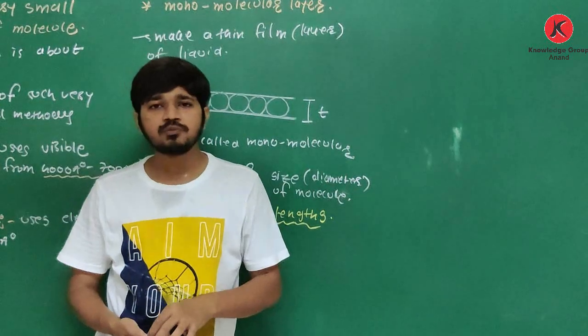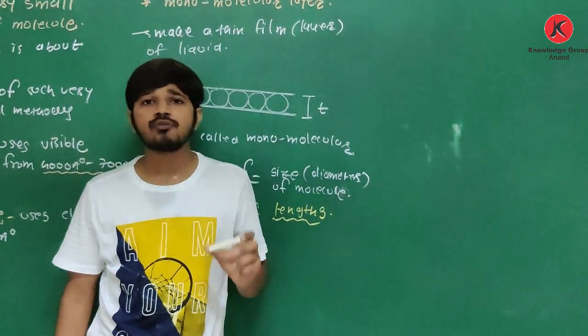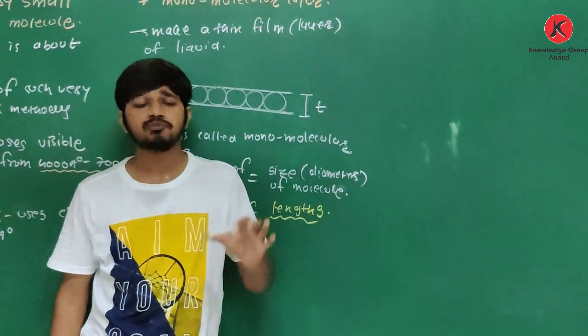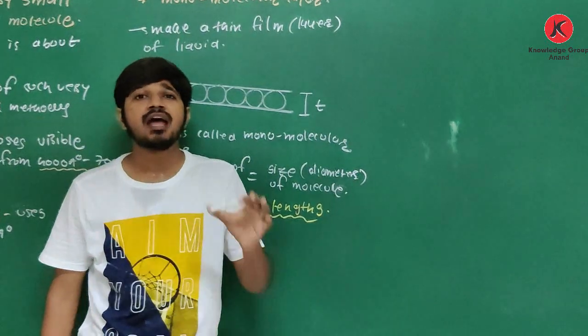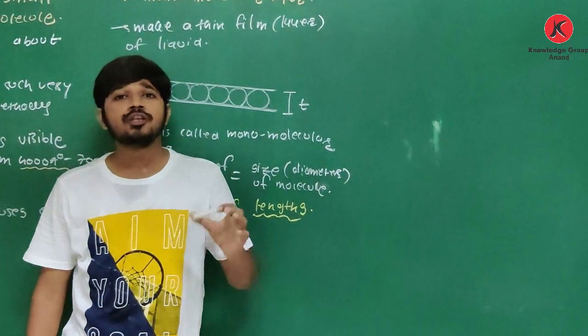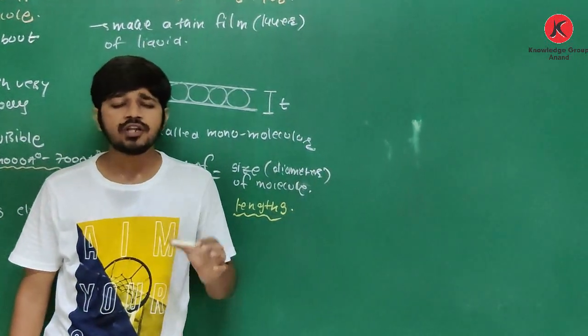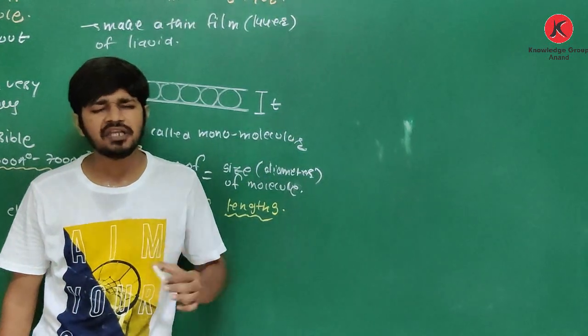Any object is made up of particles. Particles are made up of molecules. Molecules are made up of atoms. An atom is made up of a nucleus and electrons. So what is the smallest thing?